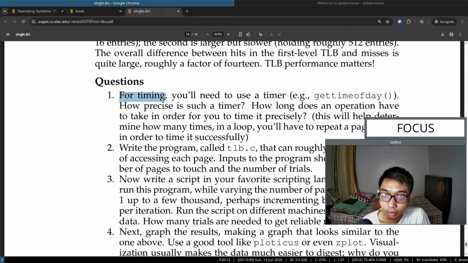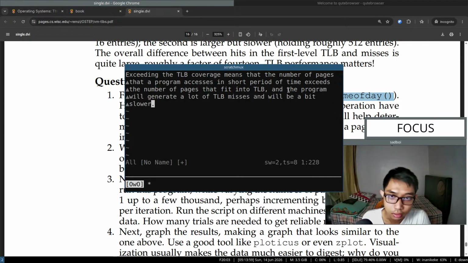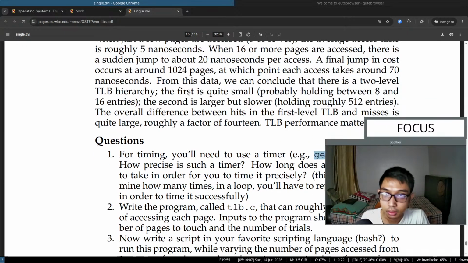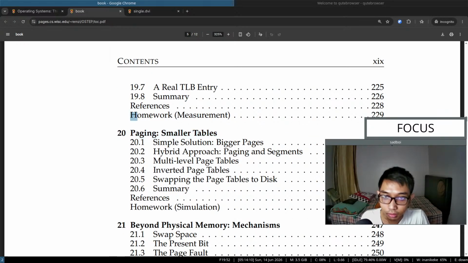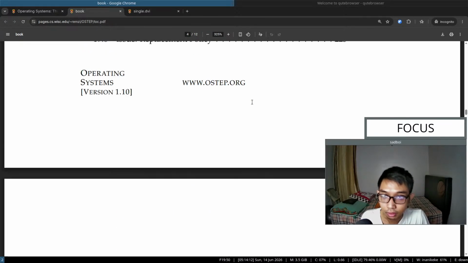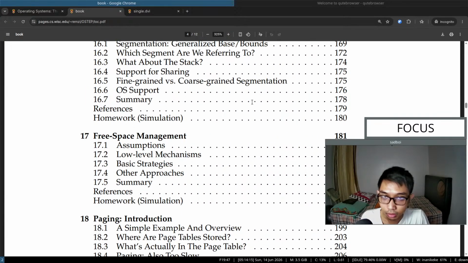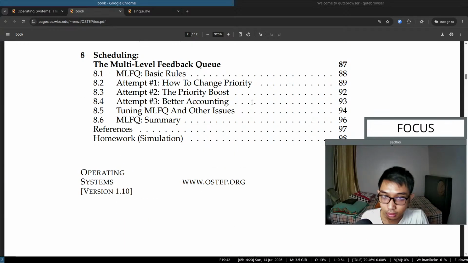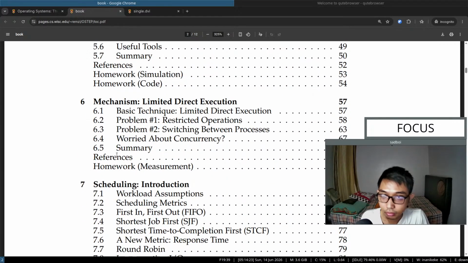Question: for timing, you will need to use a timer, like gettimeofday. I think I used a different timer back then. This is not the first homework measurement; we had another homework measurement previously, in chapter 6.